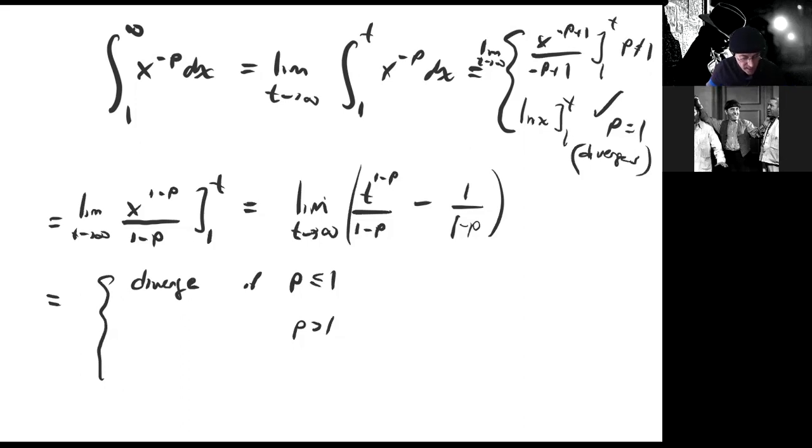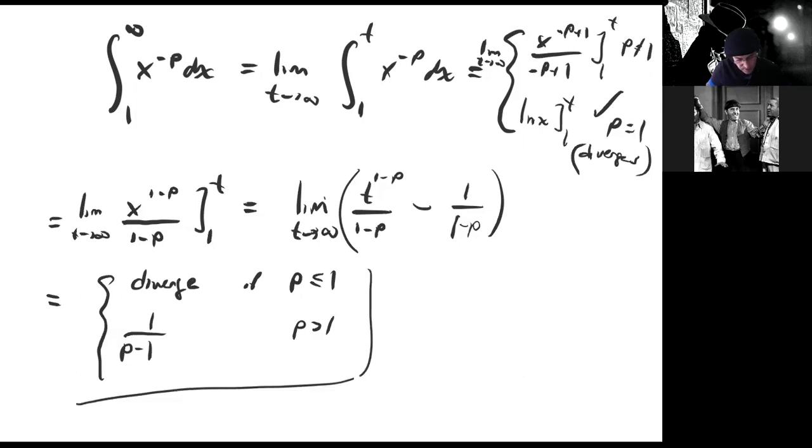And so this term here, t to the 1 minus p over 1 minus p, is going to vanish. So what does that tell us? That tells us we're going to get a negative of 1 over 1 minus p, which we can think of as 1 over p minus 1, if p is bigger than 1. So this is the solution to the problem.